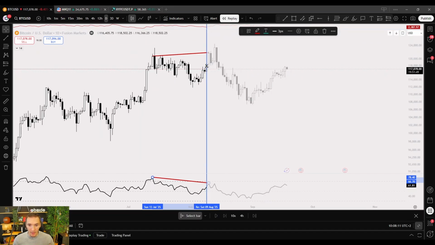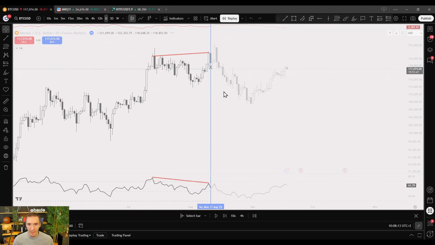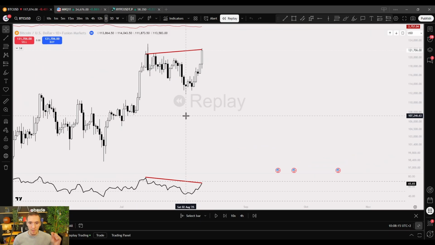And if I go back in time using the replay mode, we could see that as it was happening, as if we were in real time on the charts, we could already spot the divergence at that time, and thus get the information that momentum is fading while it's happening.